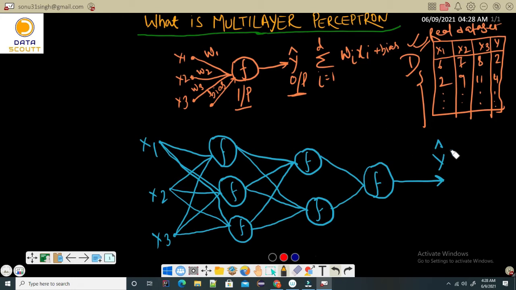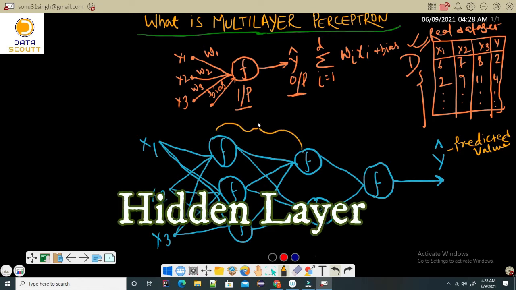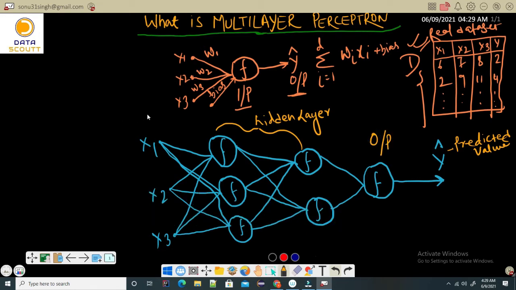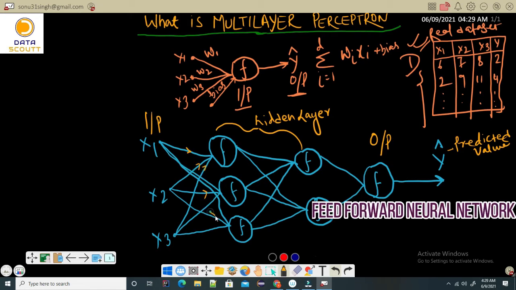Y hat is nothing but the predicted value. This is the output layer, this is the input layer, and these two layers in between input and output are called hidden layers. If all of these are connected like this, it is called a feed forward neural network, and we know the meaning of feed forward.